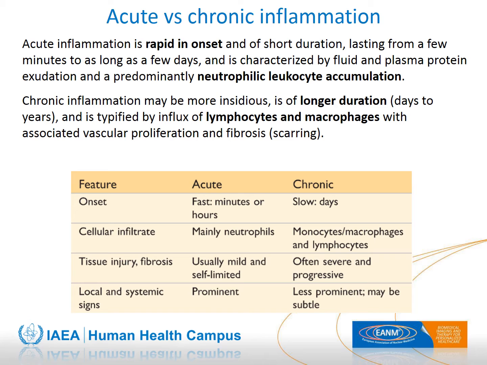Cell injury and tissue fibrosis are usually self-limiting and mild in acute, while chronic inflammation is characterized by slow and severe progressive fibrosis. Clinical signs, like the clinical pillars we saw earlier, are more prominent in acute inflammation, while chronic inflammation may have more subtle clinical features.